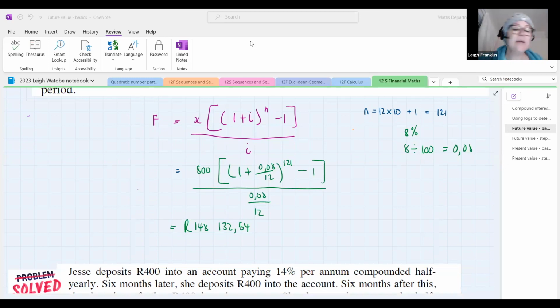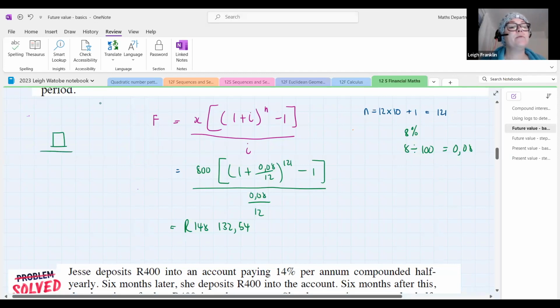Chloe, I wonder if it isn't maybe the way in which you're using your calculator. Are you pressing the fraction button? So start off and press your fraction button. And then navigate up here to the top. And then put in your 800 bracket.